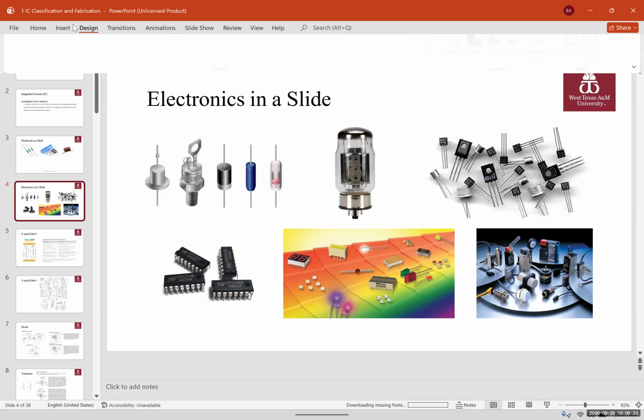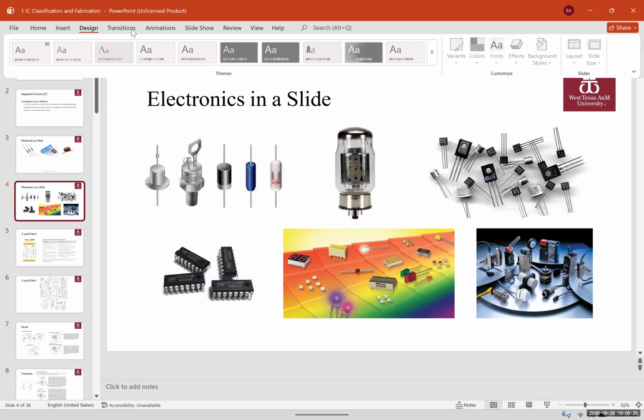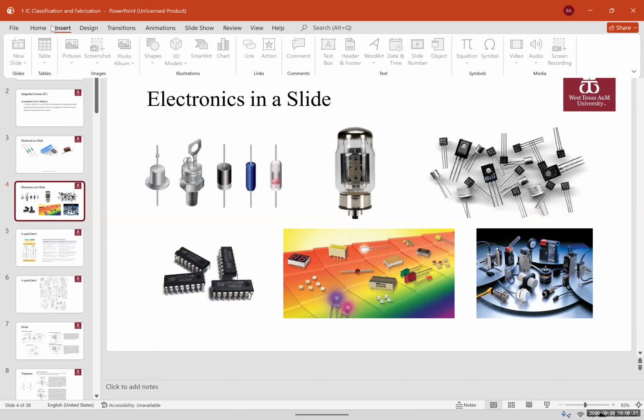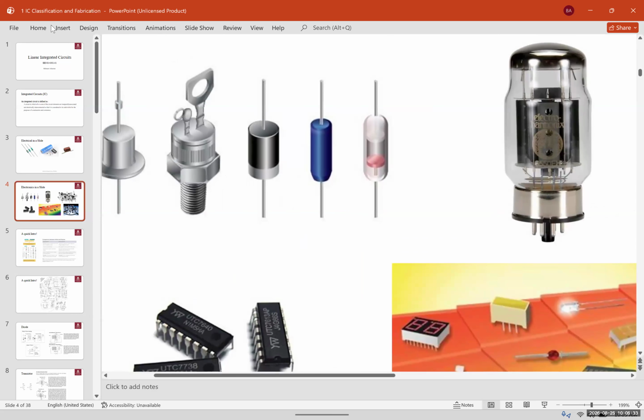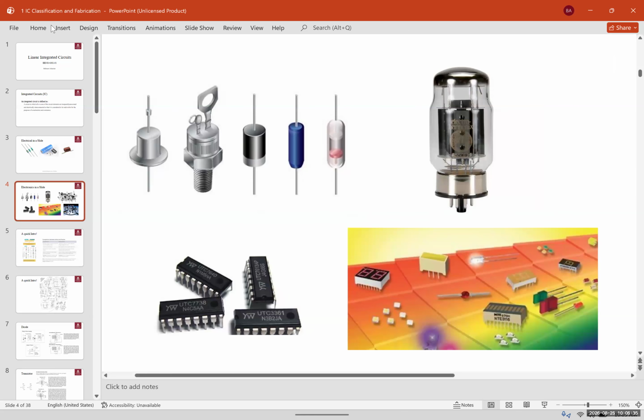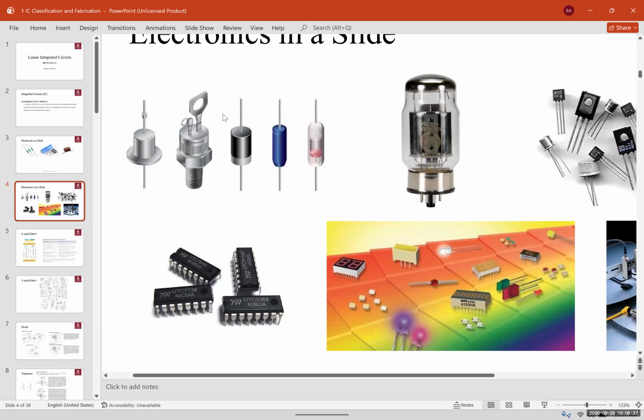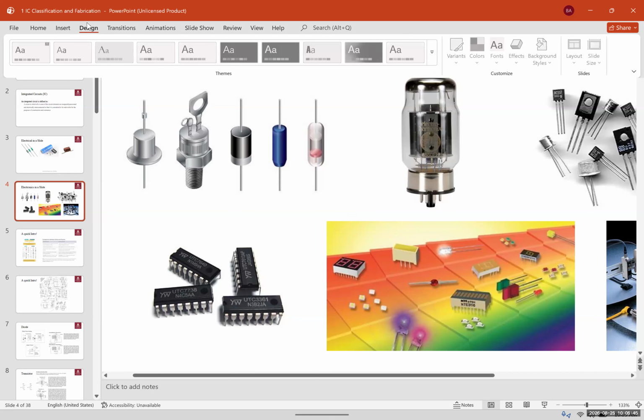Just give me a second. So we have a diode. And if you combine two diodes, you can build a transistor. Let me see if I can. It doesn't allow me to do that. Just give me one second.